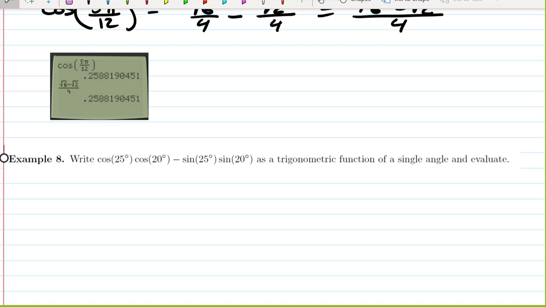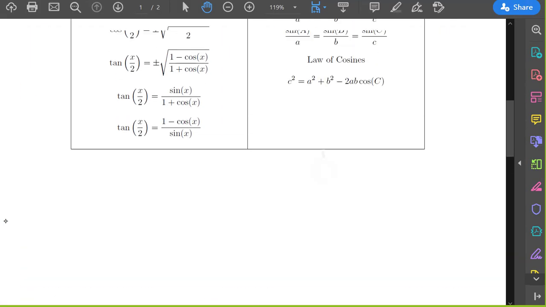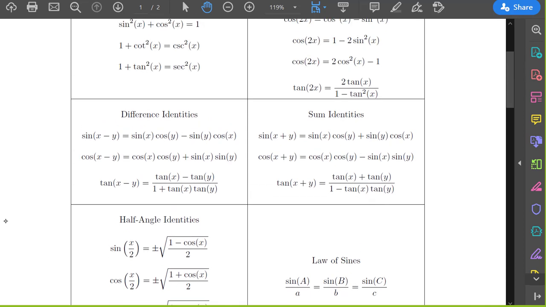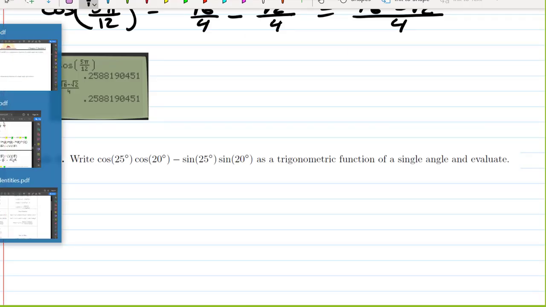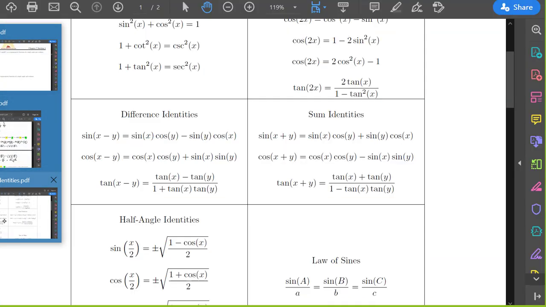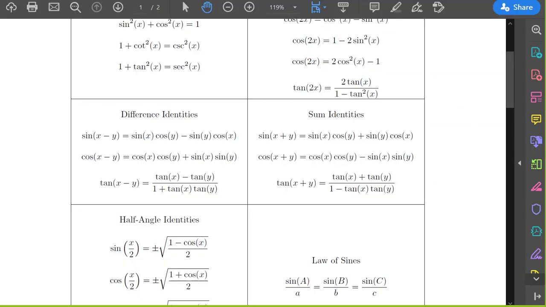So what we're actually doing here is the opposite or the reverse of what we just did. If we go look at our identity sheet, we've got something that looks like this. We have cosine, cosine minus sine, sine.